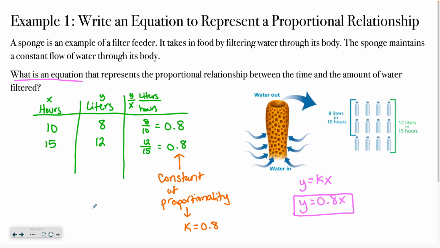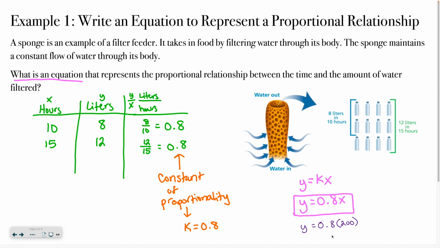All I would have to do is say y equals 0.8, and then for x, I would type in 200. So I would say 0.8 times 200, that's 160, and yes, I do have a calculator in my hand right now. So I would know that in 200 hours, it filters 160 liters of water.